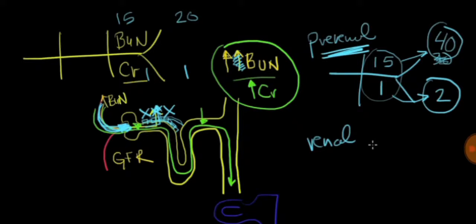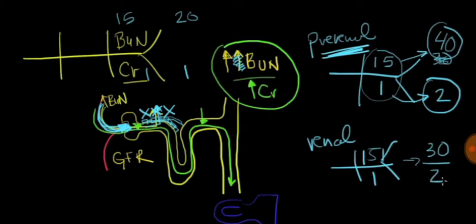And so instead of being 15-to-1, it's going to go to 30/2, which is still the same 15-to-1 ratio. They're both going up, but this is not going up more than that, so it still holds the same ratio.